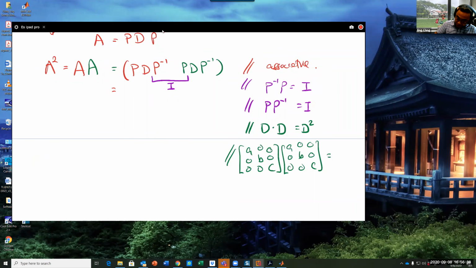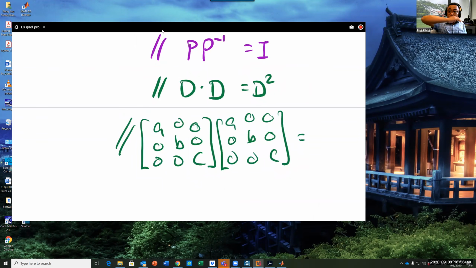What do you have? You have the row of A, 0, 0 multiplied by the column of A, 0, 0, you'll get A square. Then you have A, 0, 0 multiplied by the second column, you'll have 0. Then you realize that because this is a diagonal matrix, when you multiply by a diagonal, it is very easy because all we get is the diagonal elements squared.